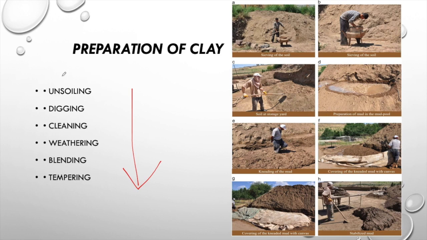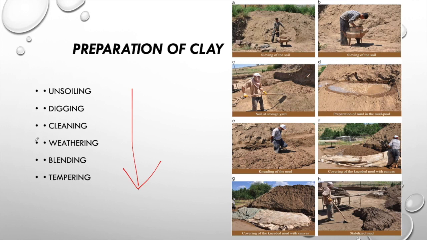In the unsoiling, the top 15 centimeter layer of the earth is scraped off, and then the material, that is the clay particles, is taken out from the earth, and this is done by digging. Then sieving, that is the cleaning of the raw material or the clay particles in the dried form, and then we go to the weathering of this raw material.